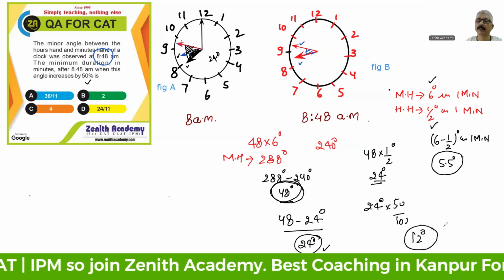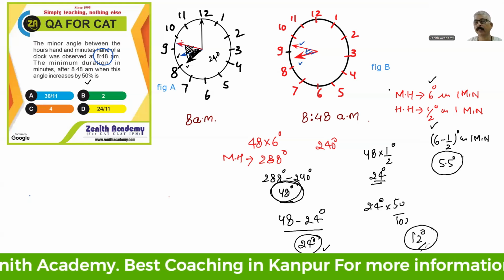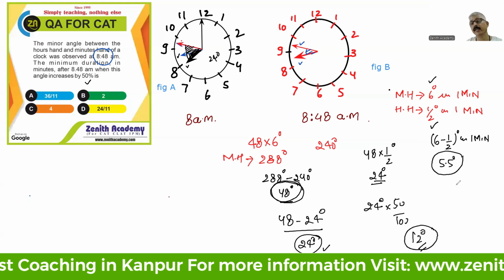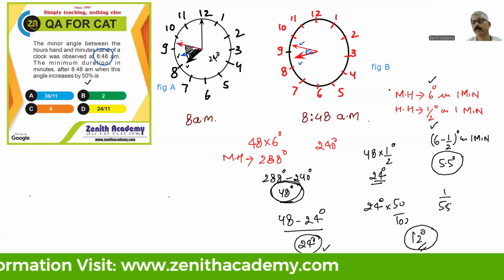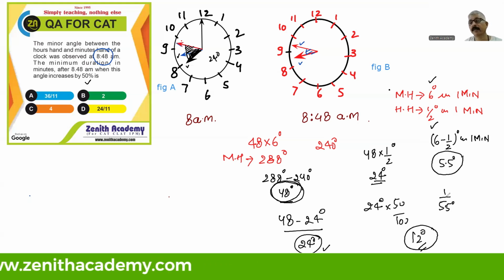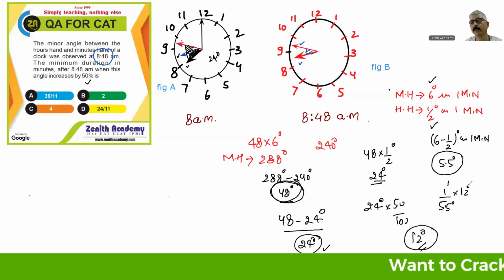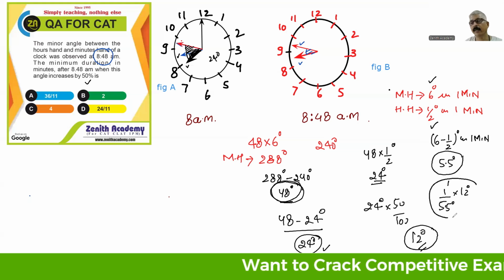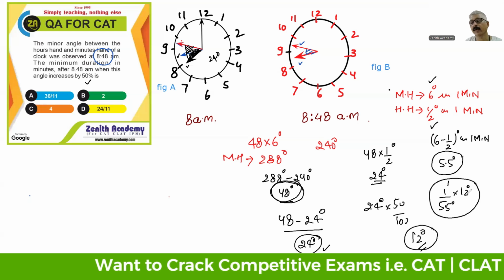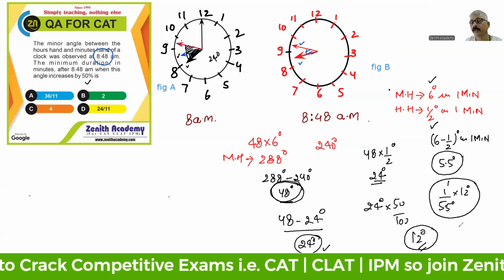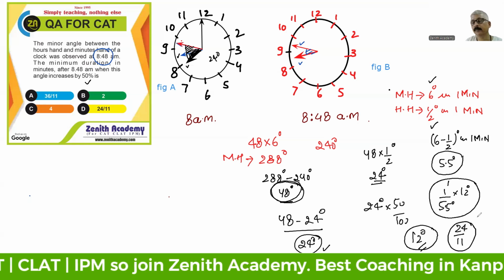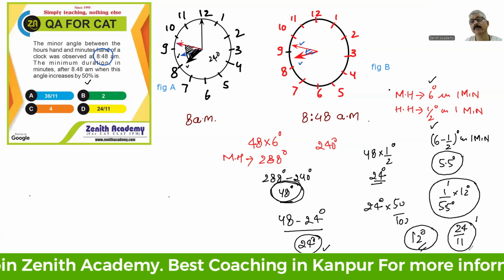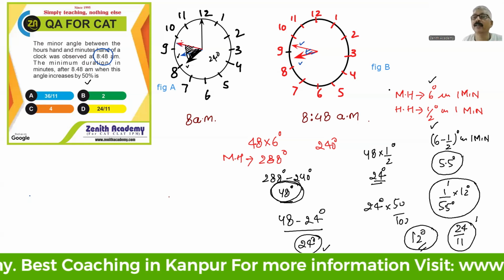So you have to maintain an angle of 12 degree. So 5.5 degree is gained by minute hand over hour hand in 1 minute. So 12 degree gain of minute hand over hour hand will be in 24 by 11 minutes. 24 by 11 minutes. So it is your final answer.